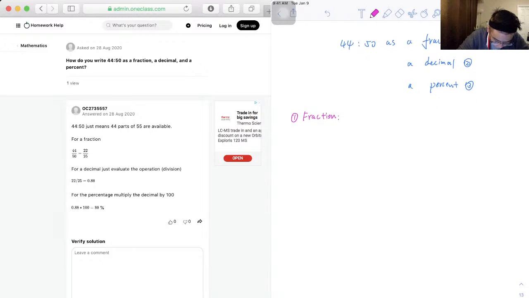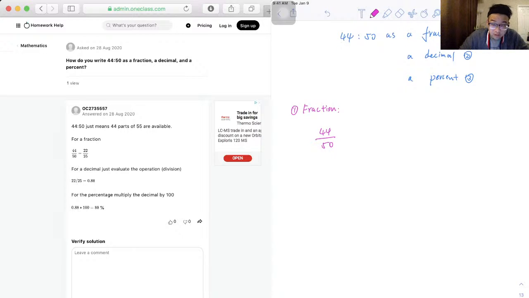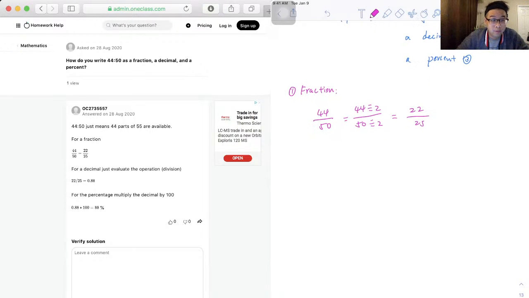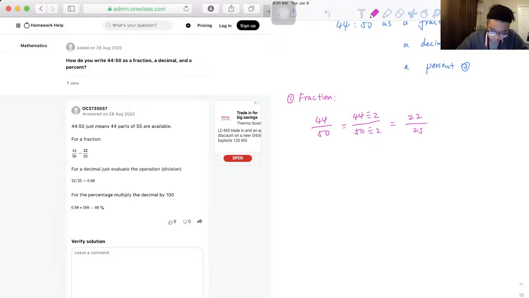So we'll have 44 over 50. As you can see, 44 is an even number and 50 is an even number as well, so we can divide the top and bottom by 2. So 44 divided by 2 and 50 divided by 2 gives us 22 over 25. And we cannot simplify anymore.